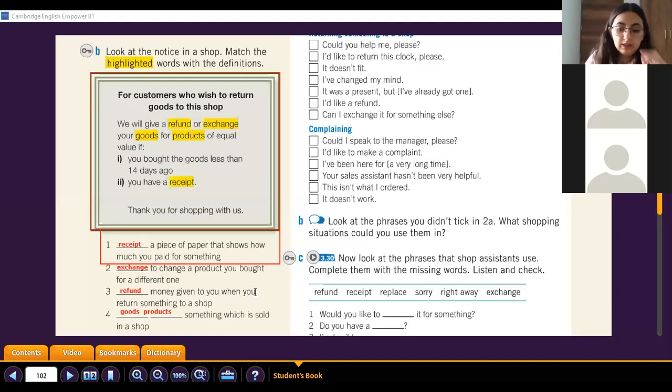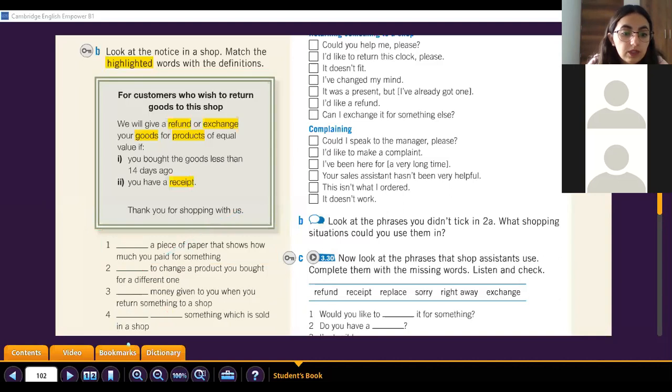So thank you guys for this first part. Now, what are you going to do? We're going to see a video and then you're going to help me checking which phrases the speakers on the video used. Okay, so let's see the phrases we have.